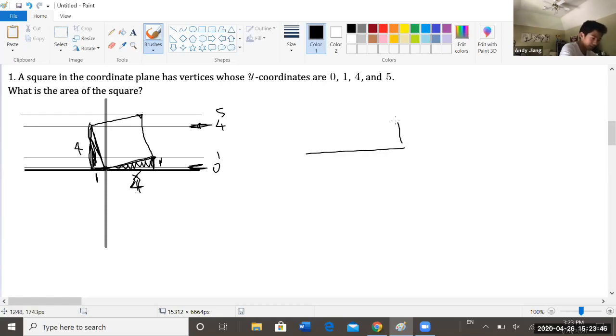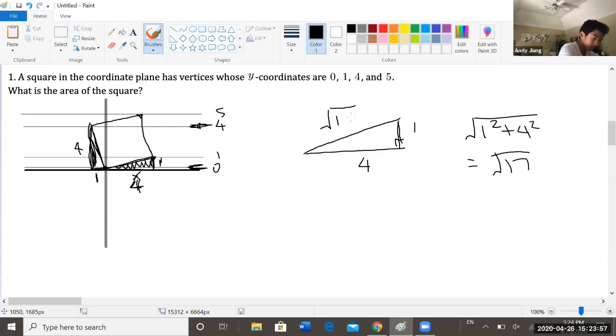And now to find that length, I can just use the Pythagorean theorem. So it's root 17. And that means my square's area is 17.